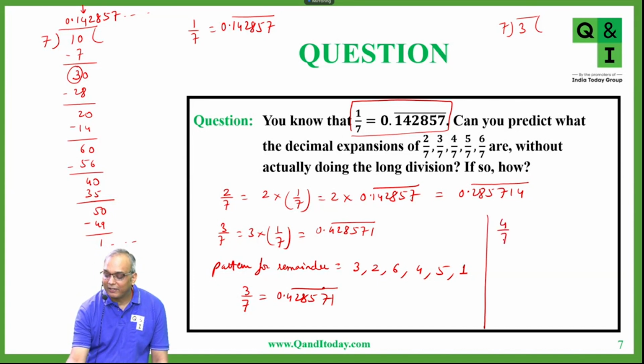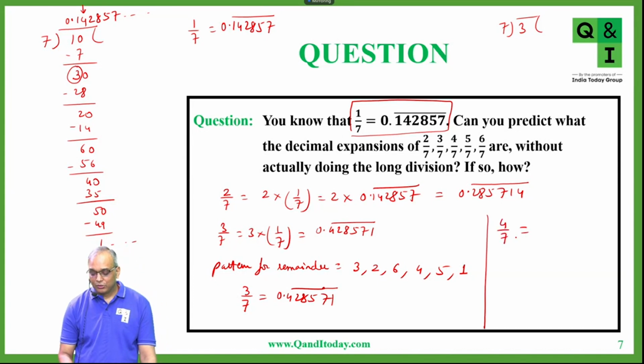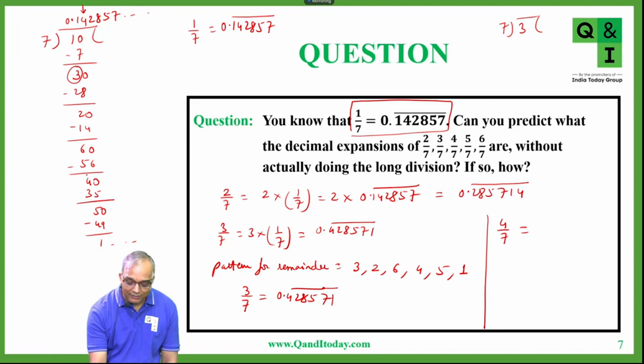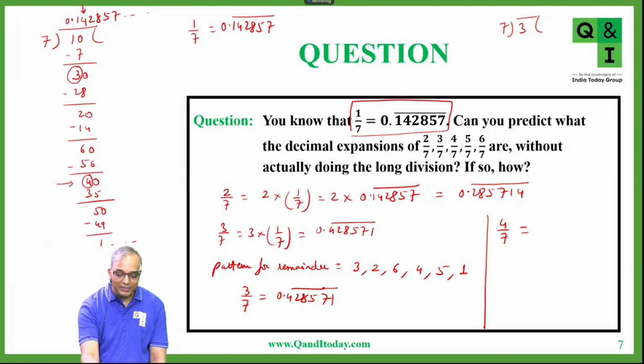Similarly, if I have to write 4 by 7, see students, when is the remainder 4? Here the remainder is 4 at this step. At 4, you had 5 in the quotient.